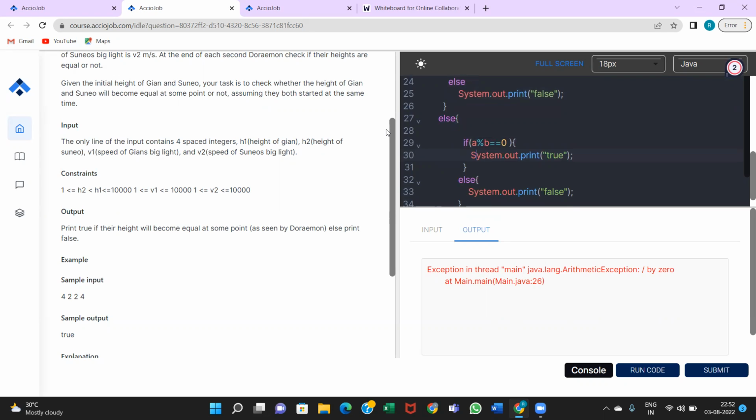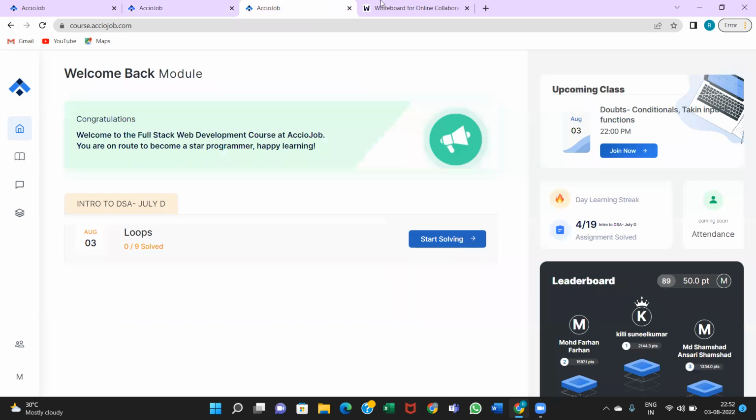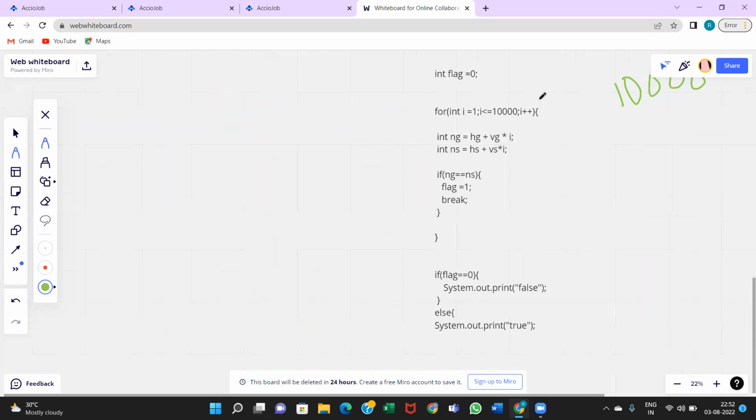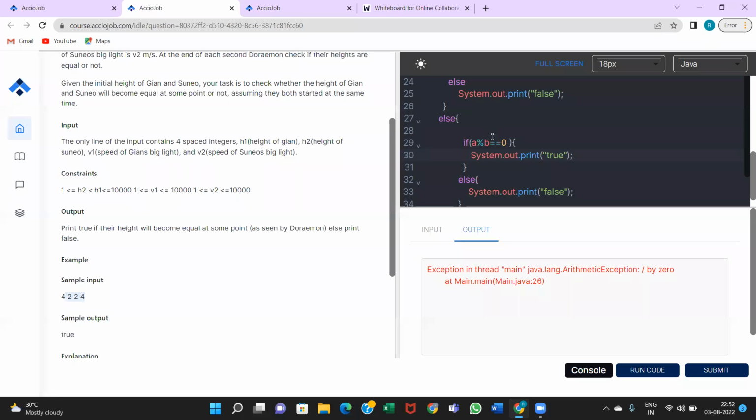Okay, I guess someone was saying there's some confusion. Ishwa, what am I supposed to explain? Let's say we have 4244. If I would have used this for loop approach, in that case, I did submit the code also. It's running. What is the confusion?